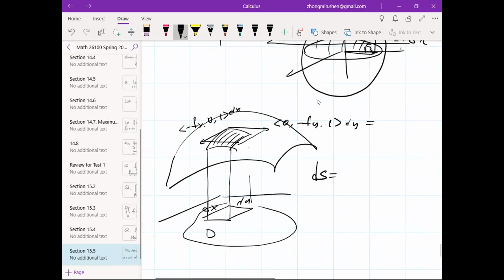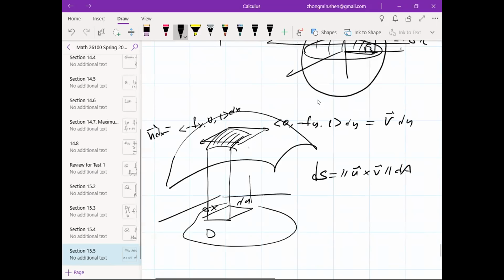the cross product, which gives you, let's call these u and v for simplicity, u cross v, and then dy and dx. So dA is going to be dy dx. So this is going to be the area of this parallelogram, which is a good approximation of that piece of surface.